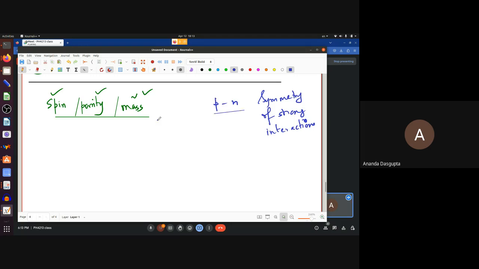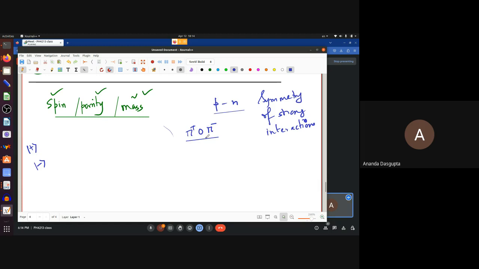Then you have pi plus, pi 0, pi minus. Three different particles, but in a way you could think of it as essentially the same particle in three different states. That is, the symmetry operation changes one to the other. Just like rotation would change, say, a spin up to a spin down, or some combination of spin up and spin down, this internal symmetry would change a proton into a neutron and vice versa.